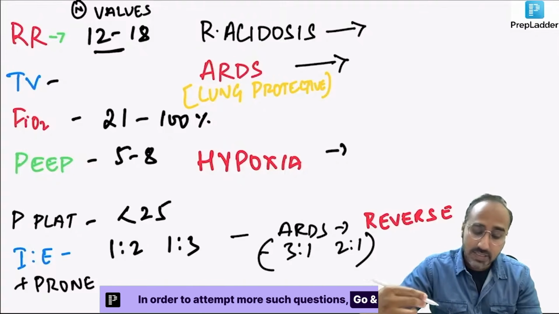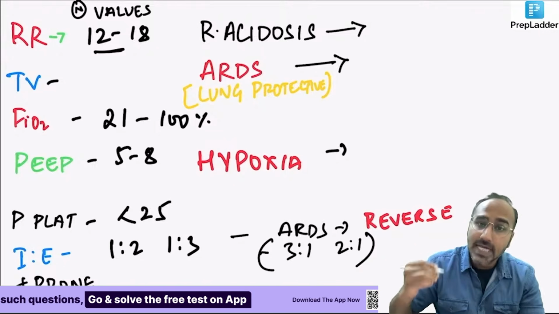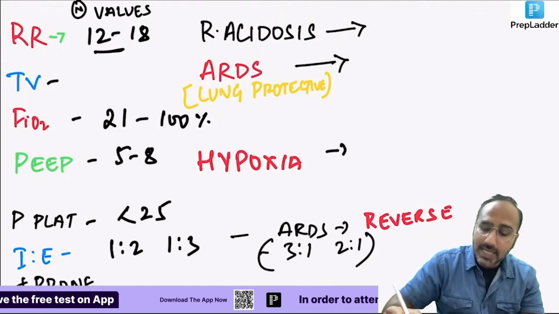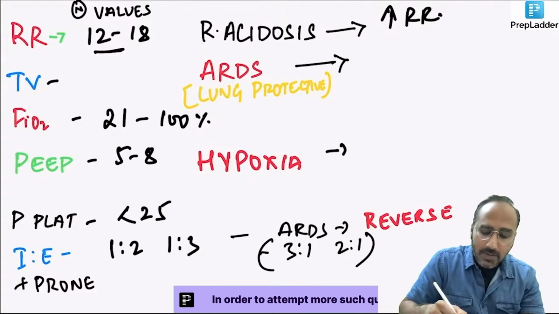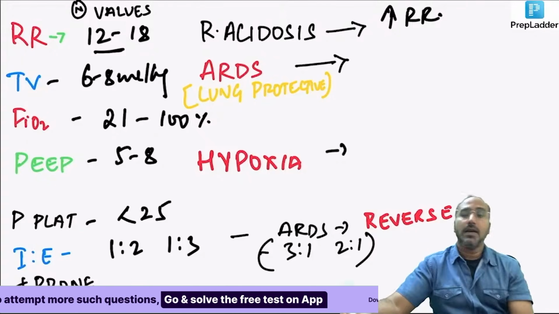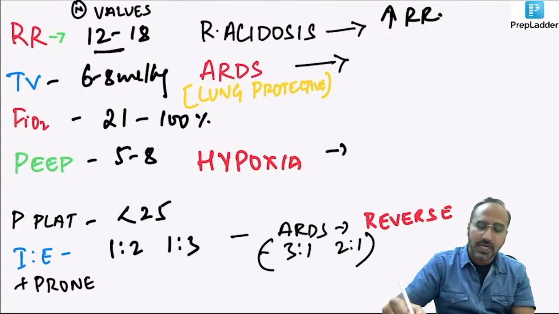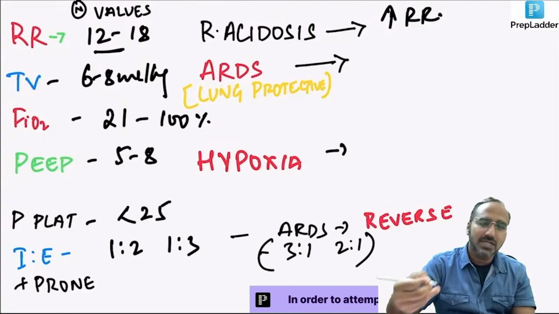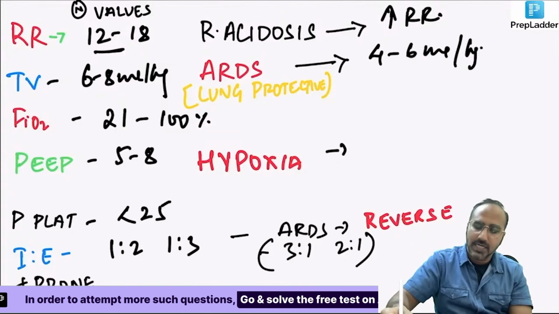Respiratory rate normally is 12 to 18, but if the patient is having respiratory acidosis, in that condition you increase the respiratory rate. What is the normal tidal volume, guys? 6 to 8 ml per kg body weight. But in the case of ARDS, where the lungs are in a very bad state, you cannot give much tidal volume. You have to always use 4 to 6 ml per kg in case of ARDS.